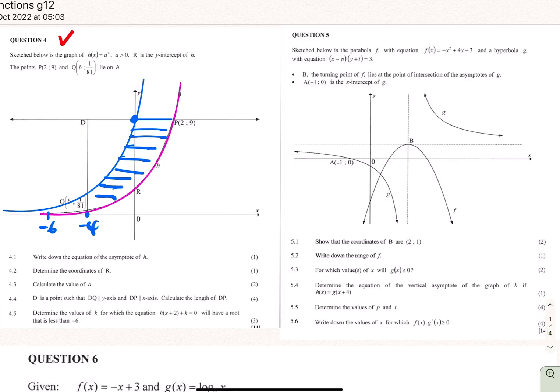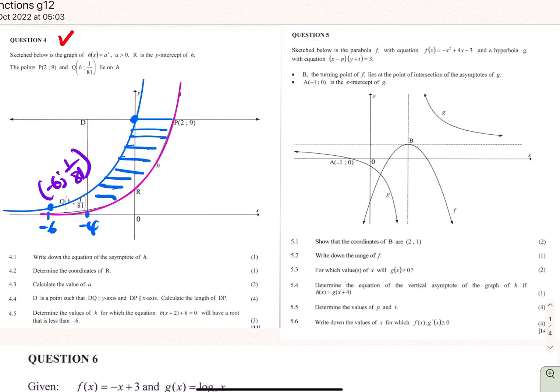You will see that if you move that Q, y is unchanged. You are moving this Q to the left by 2 units. It means you are now sitting at -6 and 1/81. I don't know why I wrote 18. So you're going to have -6 for x and 1/81.